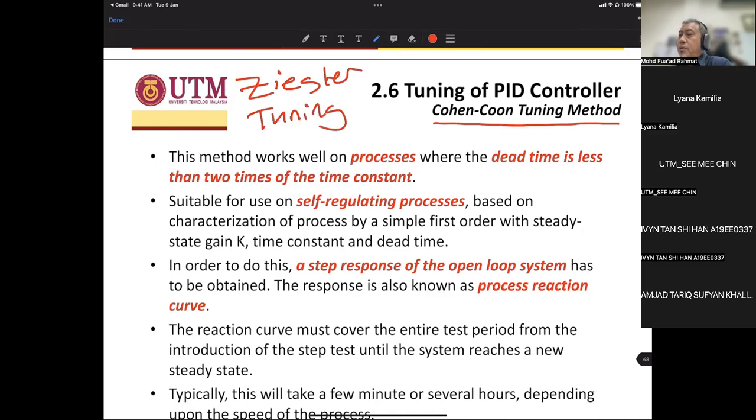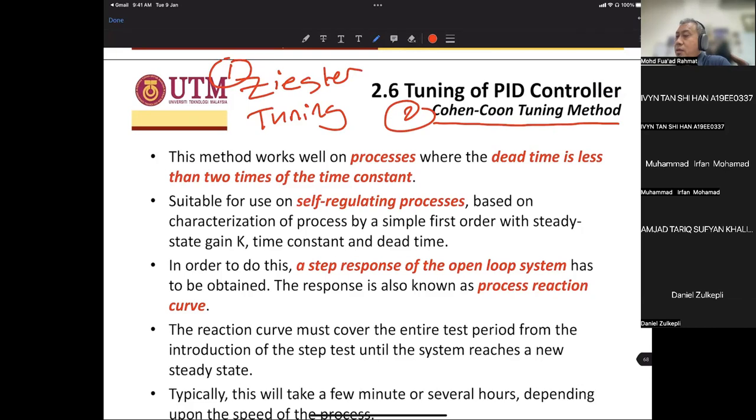The second one is the Cohen-Coon tuning method. This method works well on processes where the dead time is less than 2 times the time constant. Dead time is known as time delay. The symbol is TD.